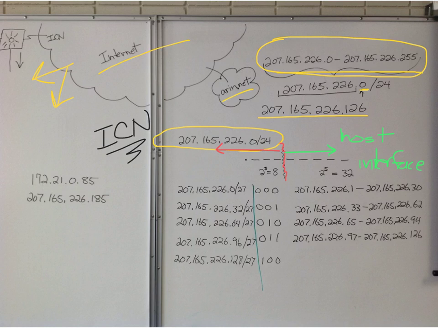Okay, now there were 8 bits, right? So we got 8 bits, 1, 2, 3, 4, 5, 6, 7, 8 bits. And we divided it here, so we have 5 bits for the host or the interface, and then we have 3 bits for the network.